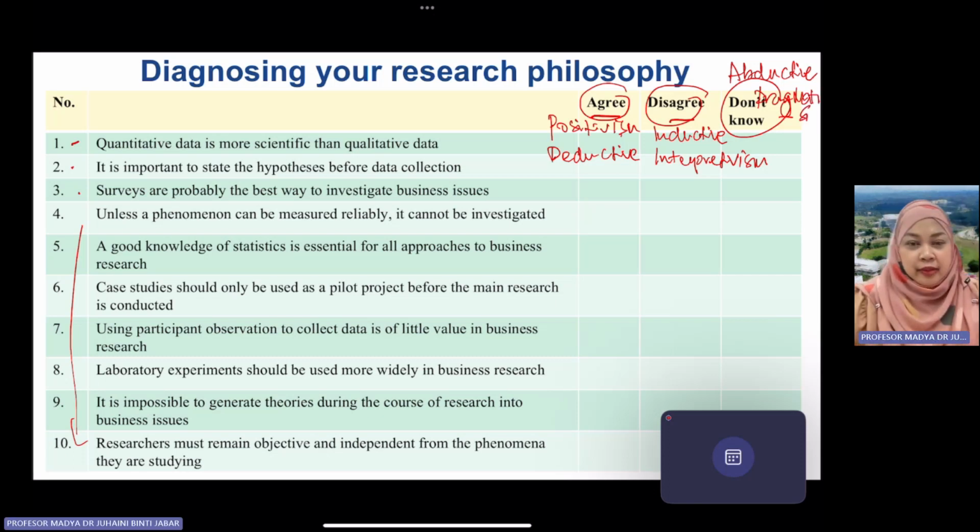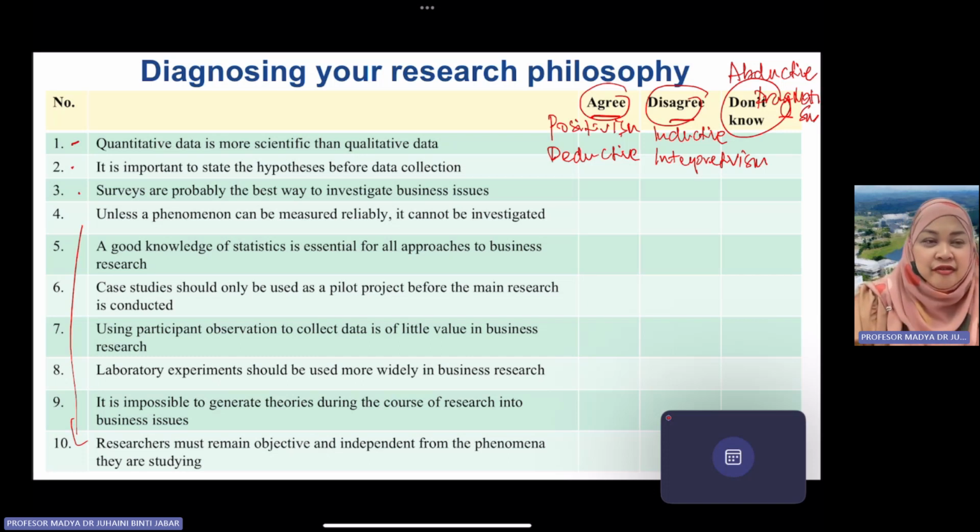However, if there are two similar values, for example, you have 4 agree and 4 disagree, you need to look back at the statements and rethink, relating it back to your research topic.